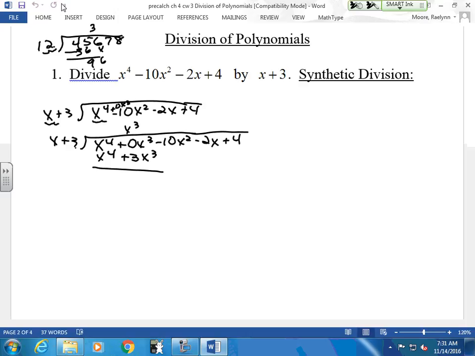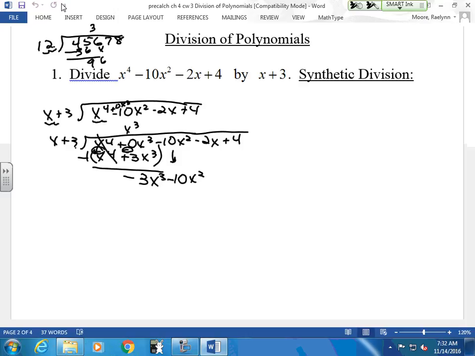I've got to subtract this whole thing, not just the first term. So I take the opposite of this guy, the opposite of this guy, and add. These come out. And what is 0x cubed and negative 3x cubed? Negative 3x cubed, and I bring down this guy.